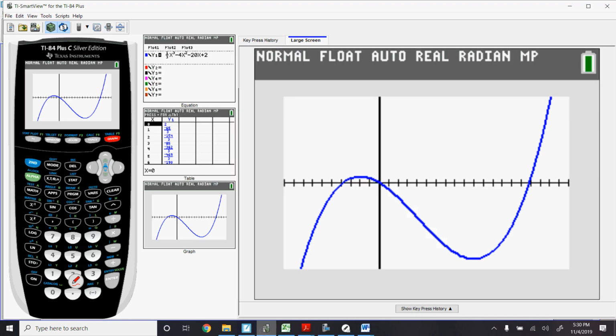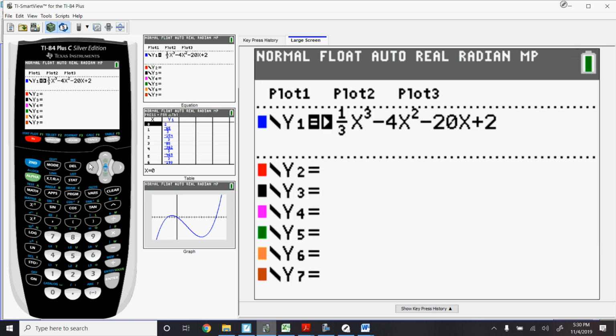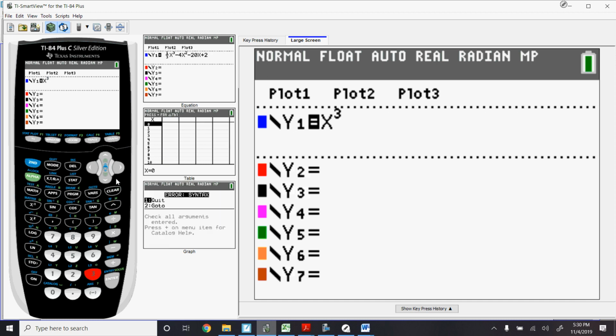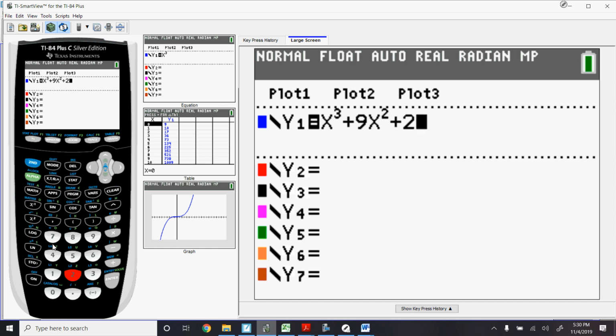Okay, if we go back to our graph and graph that thing, let's take a look at what that graph would look like. Go ahead and graph x cubed plus 9x squared plus 27x minus 3.